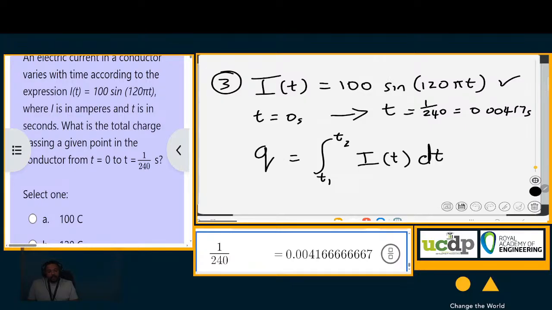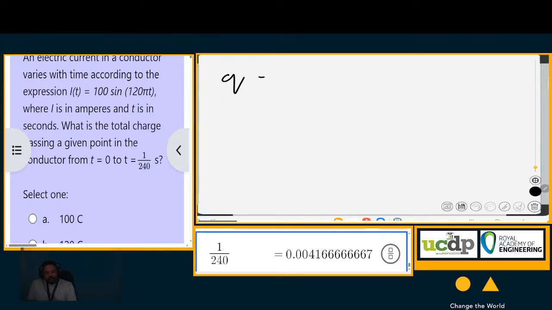Charge is equal to the integral from T1, the start time, to T2, the stop time, of the formula that they gave us for the current, dt.